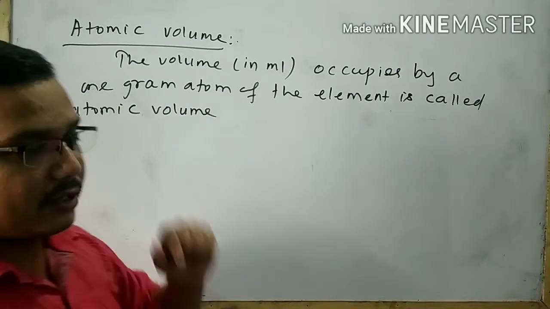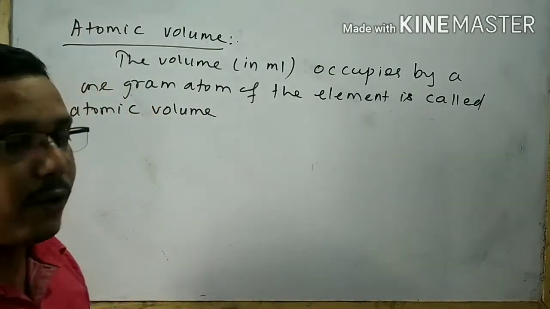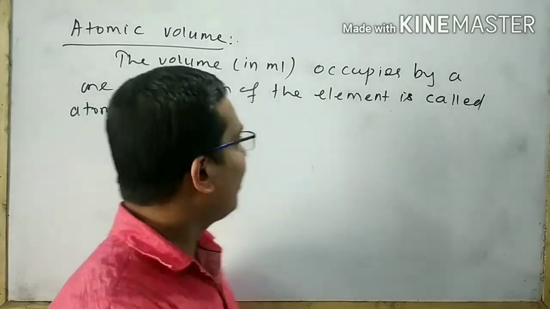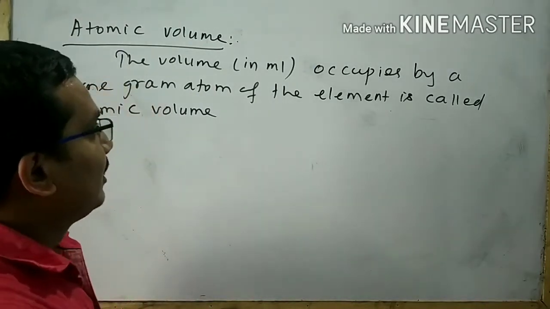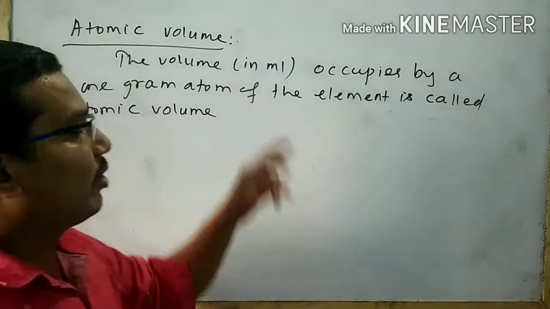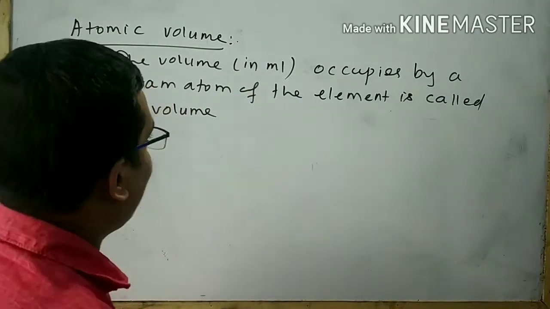Take 1 gram atom of the element, and the amount of volume occupied by that 1 gram atom of the element is called atomic volume. The volume must be expressed in ml.